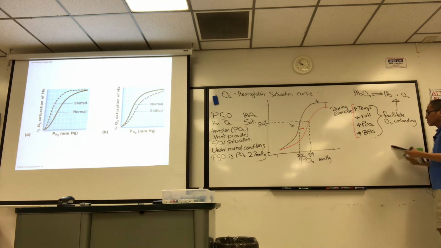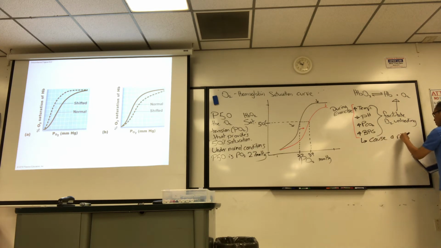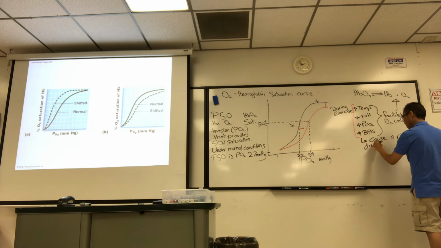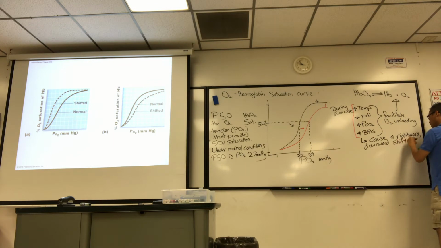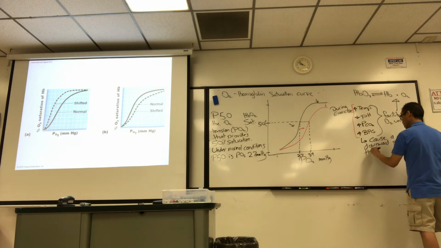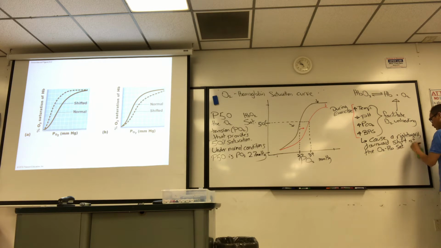So all of these things will cause a rightward downward shift of the oxygen hemoglobin saturation, or sat, curve. And we just call that the Bohr effect.